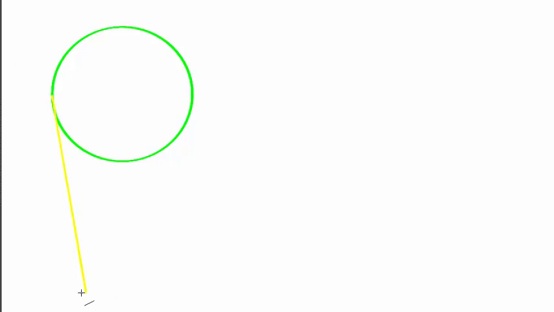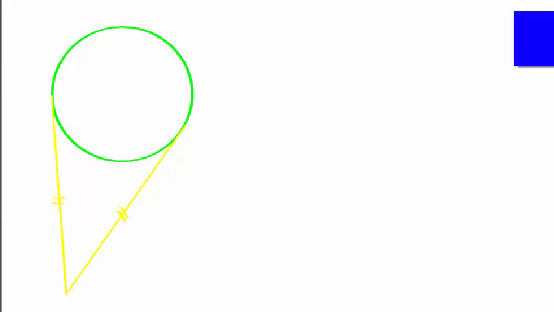Okay, then there's one other one. I'll just show you the theorem. The theorem says that if I have one tangent line from here and another tangent line touching there, can you see the yellow? Not too bad.